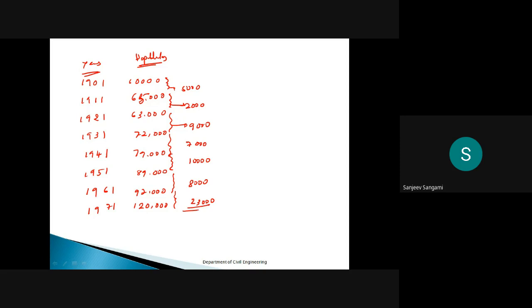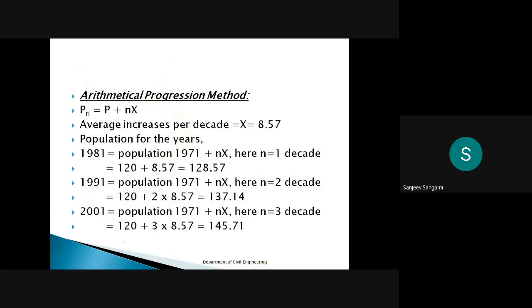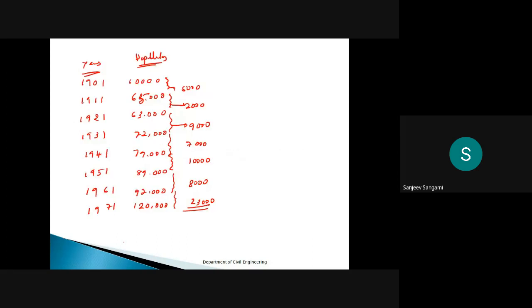Then if you take the average of this, you will get the average of 8,500. You do the average of all this.